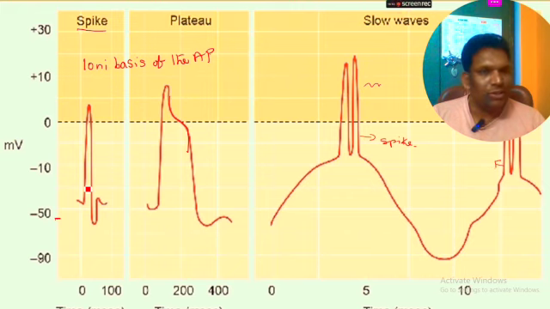Repolarization is due to opening of calcium dependent potassium channels, leading to potassium efflux.